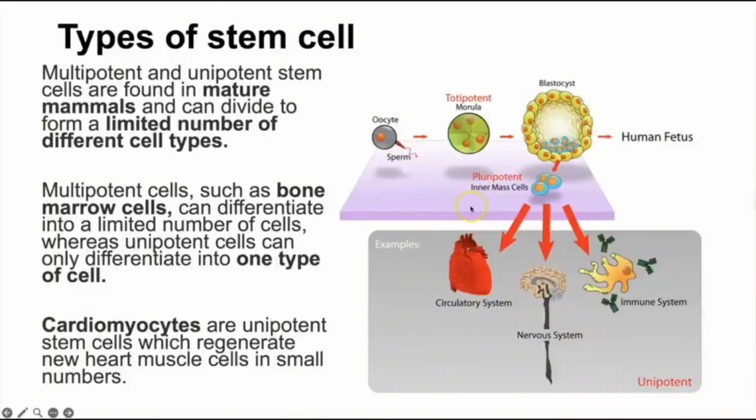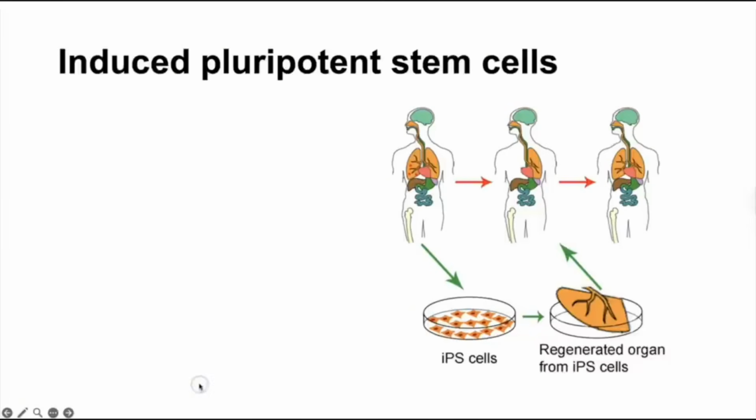When we say adults, we just mean you've been born in this instance. And they can differentiate into a limited number of cells, such as all of the blood cells. Whereas unipotent cells, uni meaning one, they can only differentiate into one type of cell. And an example of that is the cardiomyocytes. They are unipotent stem cells which regenerate into new heart muscle cells in small numbers.